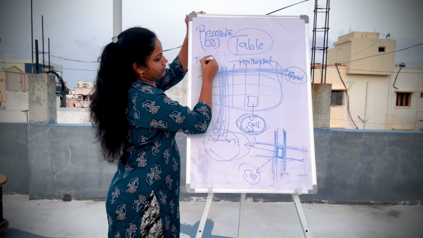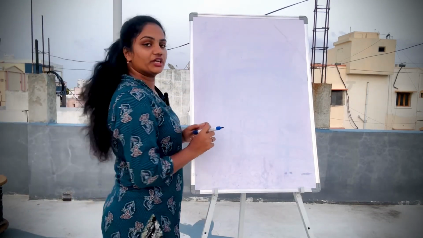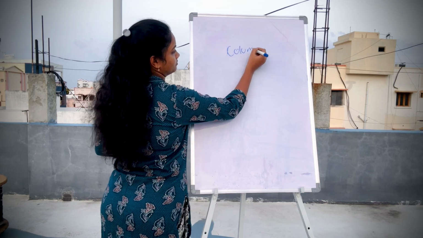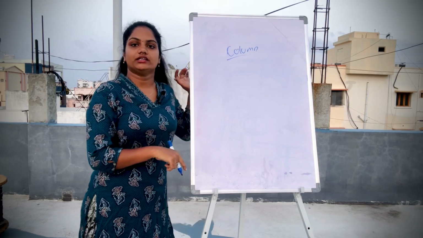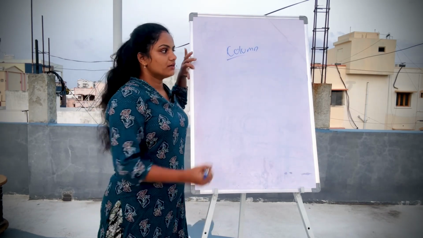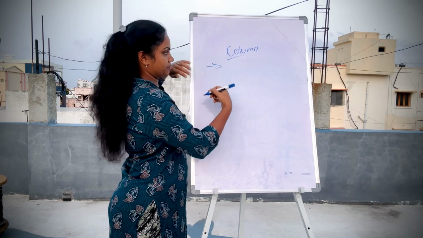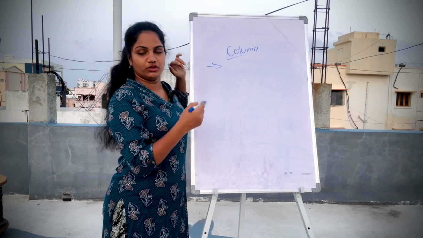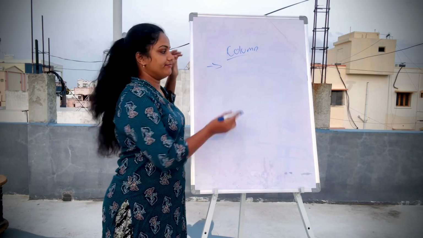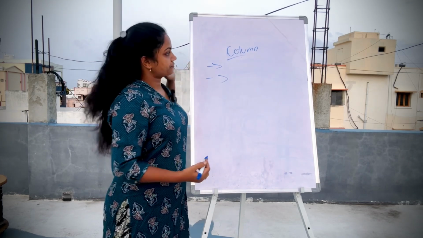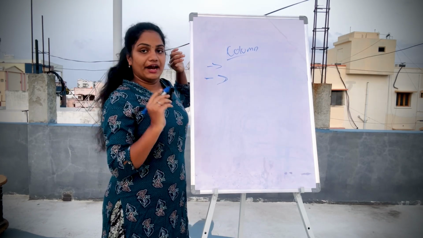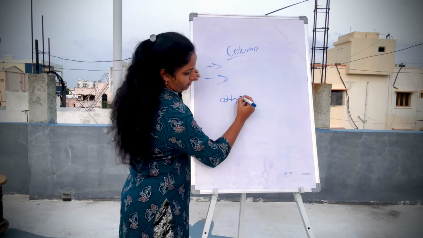Records, tuples. Okay. Now keep a heading as column. Below that write first point, the vertical portion of table is known as a column, and second point, column is also known as attributes or fields.